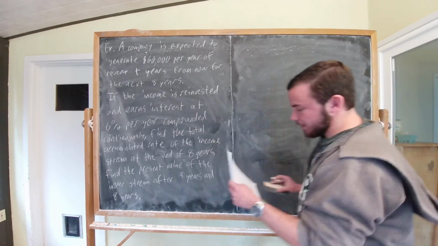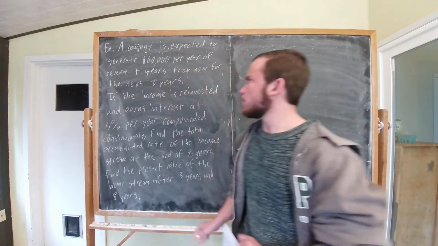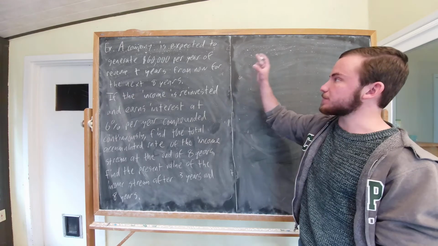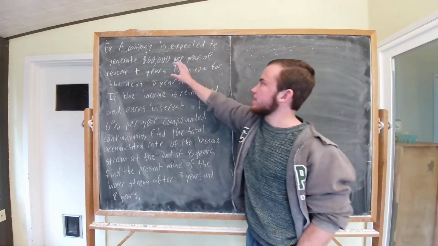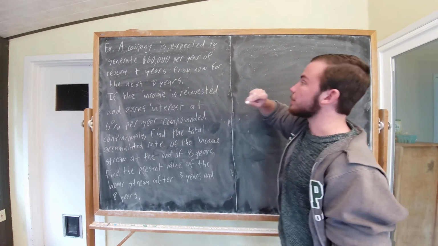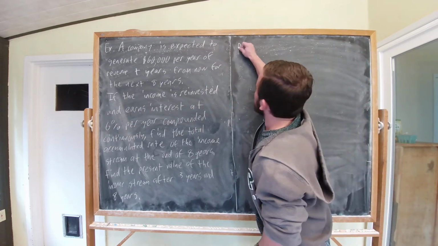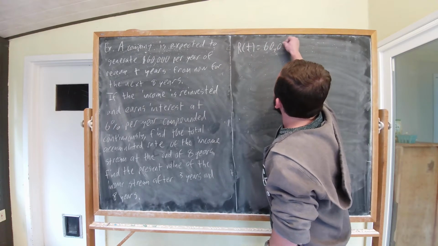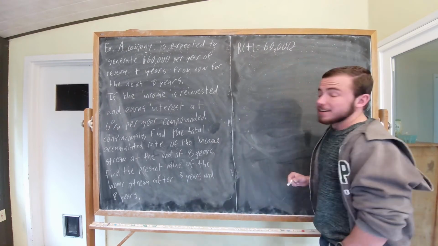Let's start doing the math for it. All right, so let's write out what we know about our income stream setup. We're expected to generate $60,000 per year, T years from now. In other words, R of T is equal to a constant 60,000, right?